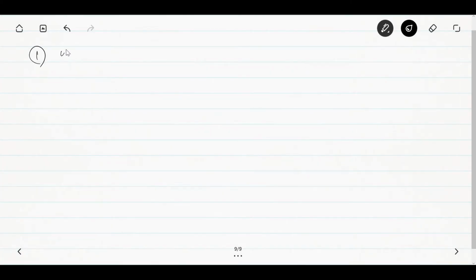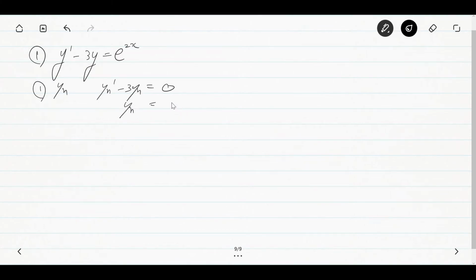Let's start with a relatively simpler one. So our first step, find the homogeneous solution, where the right side is 0. So y_h, if you do the math, we would get this.